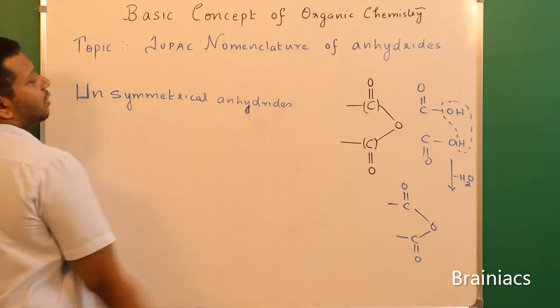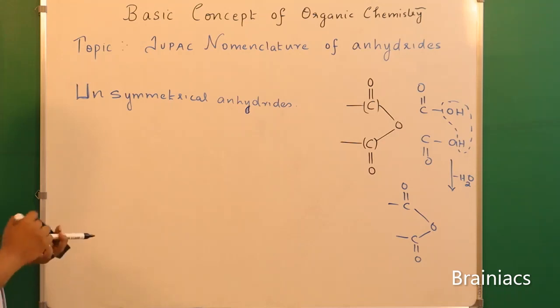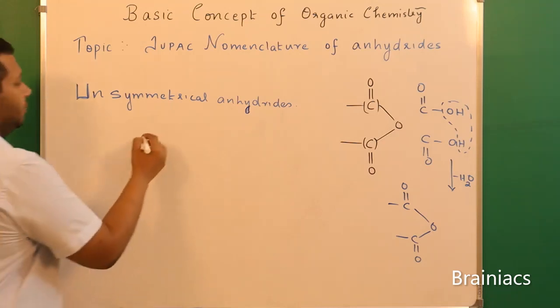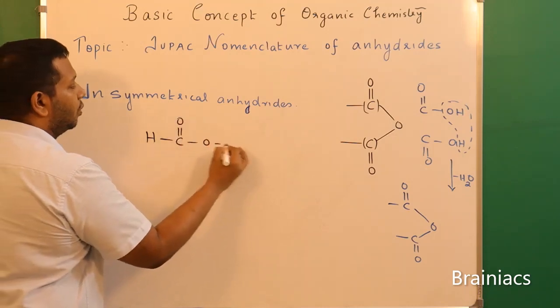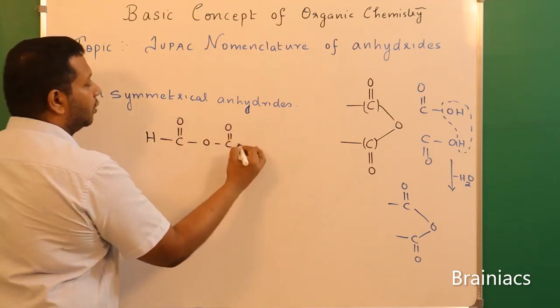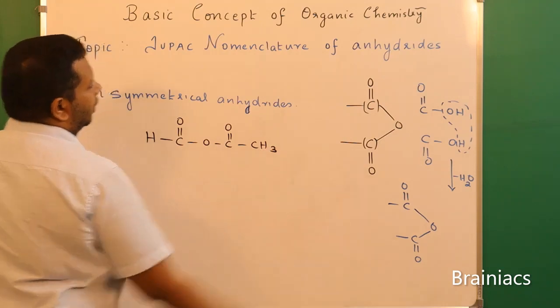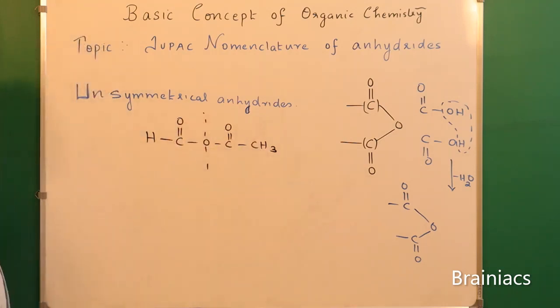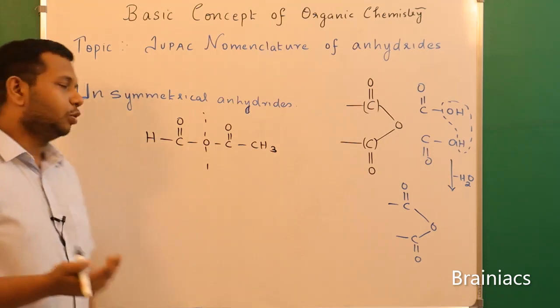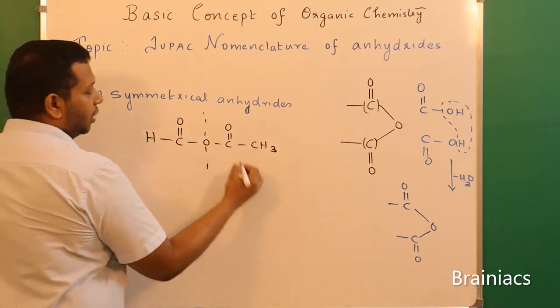Starting with the example, I will give you this one: H, C double bond O, O, C double bond O, CH3. If I try to divide this, I can understand both halves are different. In this case, you should count the carbon atoms here. Here two carbon atoms are there.